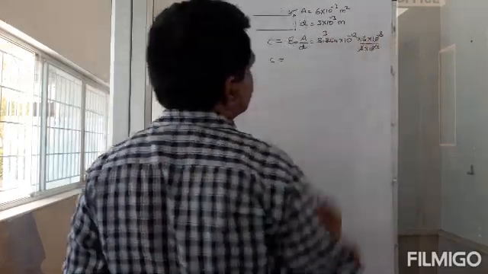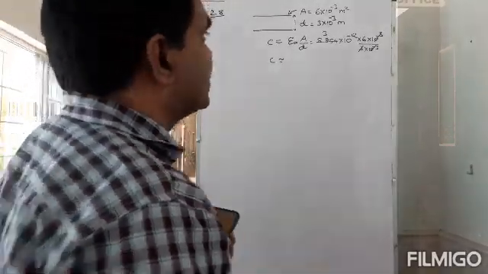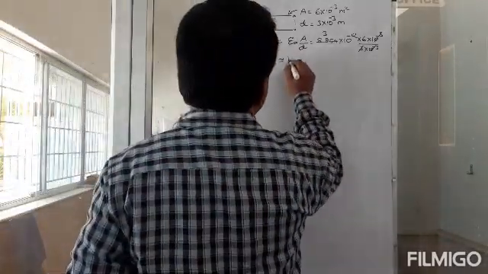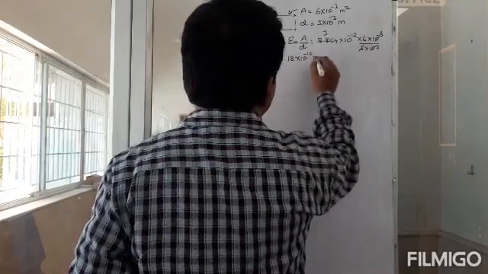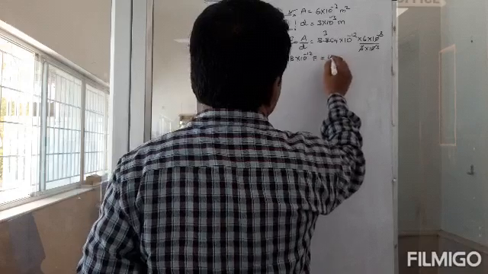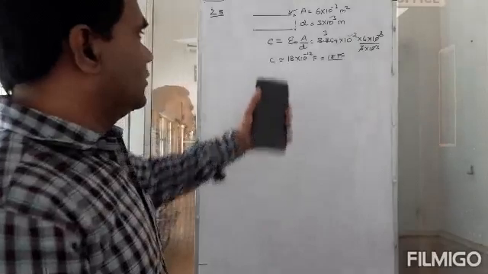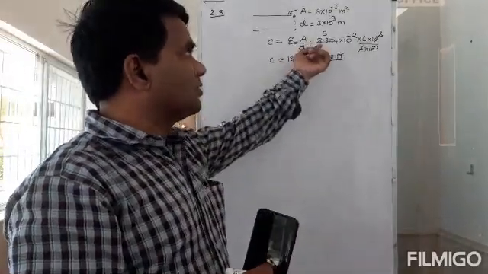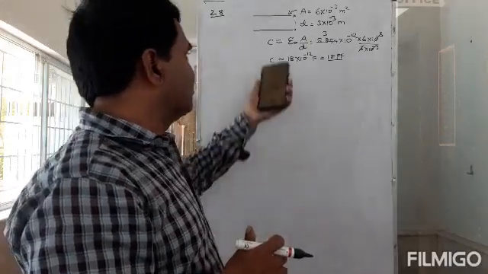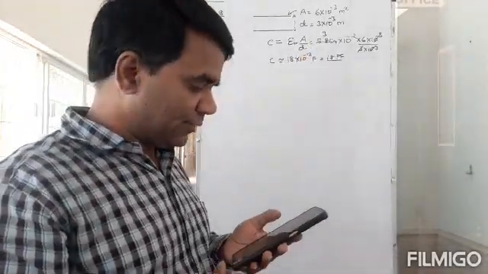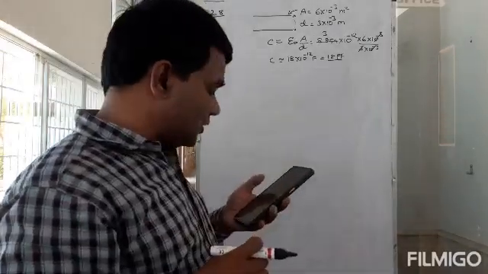So 3 into 6 is 18. 18 into 10 power minus 12 farads. So that is equal to 18 picofarad. Roughly equal, slightly less than that, because it's not exactly 9, it's 8.854, but roughly it is equal to 18 picofarad. That is it.